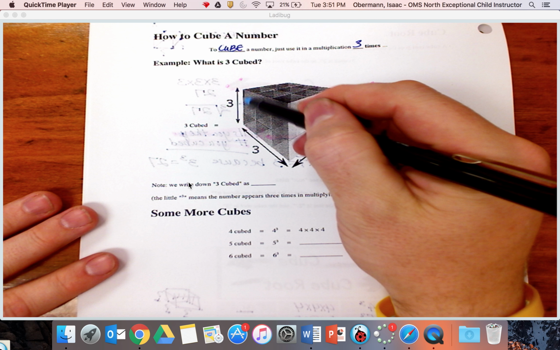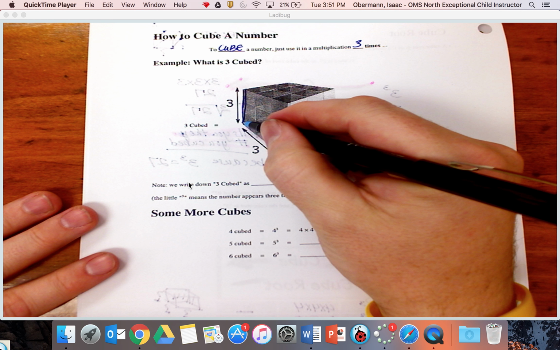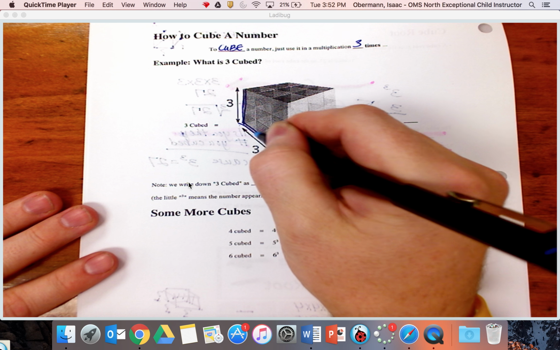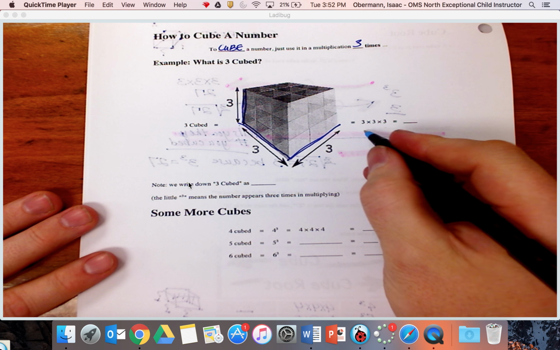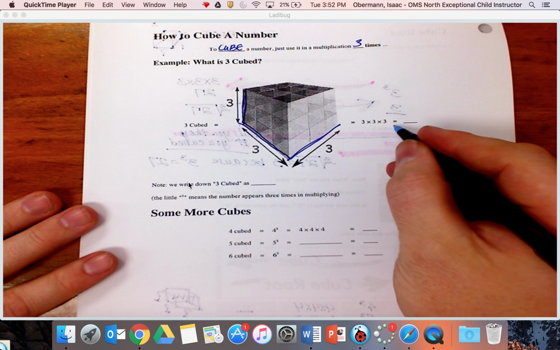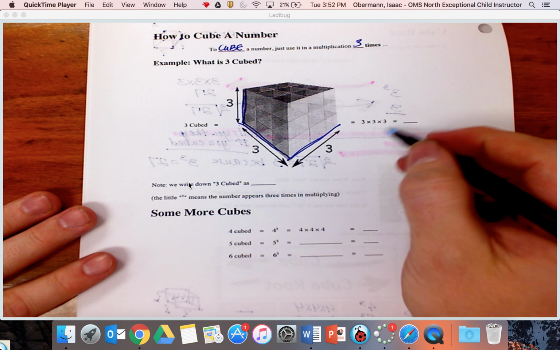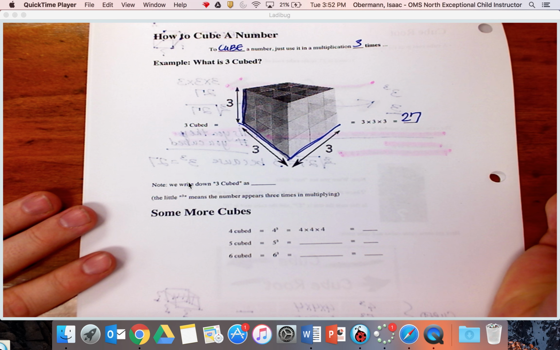So if I want to know what 3 cubed is, I've got my length, my width, and the height. It's basically saying 3 times 3 times 3, multiplying it 3 times by itself. And when I do that, I end up getting 27.